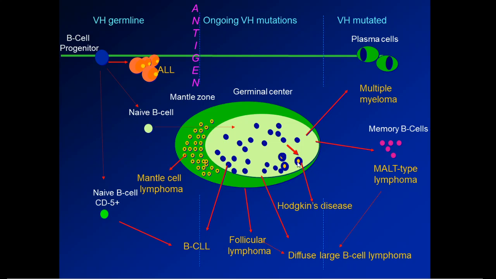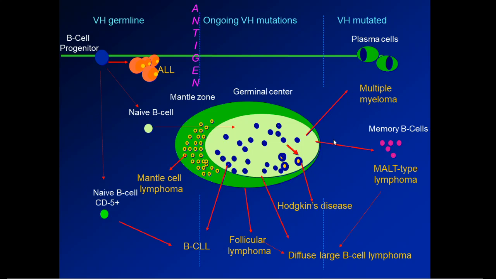Next one, some cells from the germinal center give us Hodgkin's lymphoma. And also plasma cells, also from the germinal center, because they appear there. So this is plasmacytoma or myeloma.